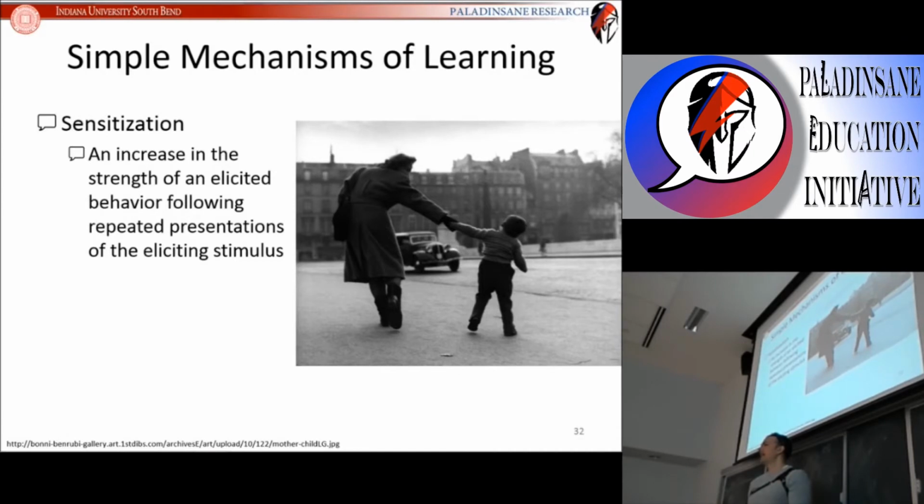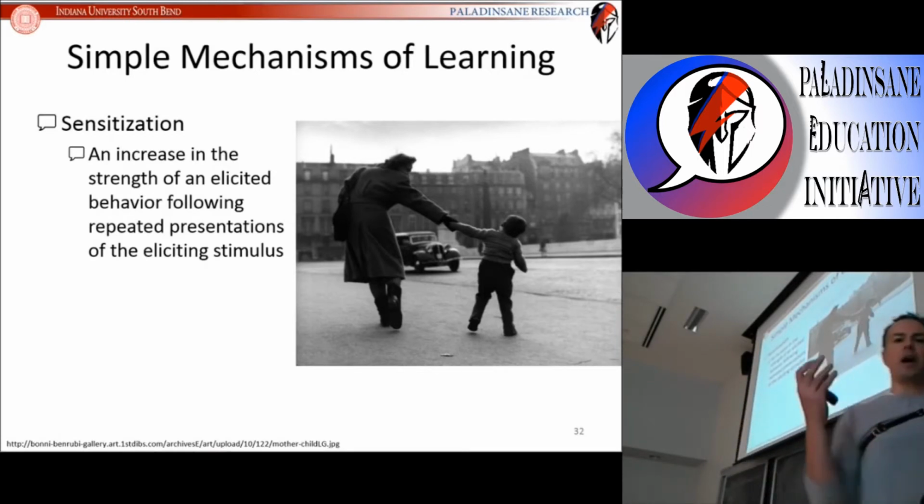Repeated stimulus. The child's not getting any louder, but maybe in the dad's mind it's dad, dad, dad, to the point where the dad's like, what? What is it that you want? Child hasn't gotten any louder. Your response to it has increased due to sensitization.